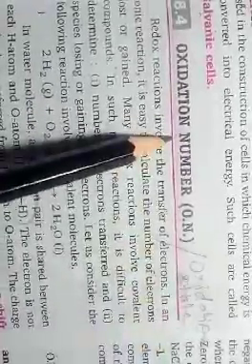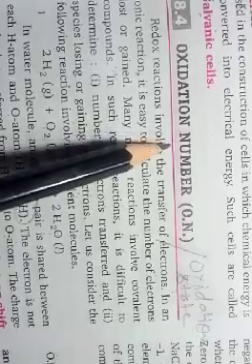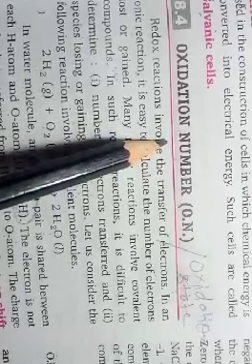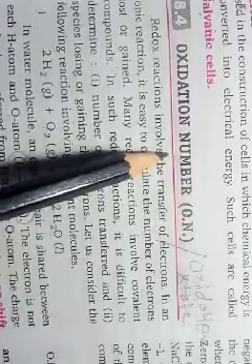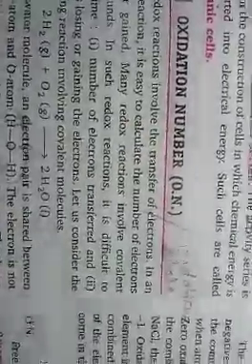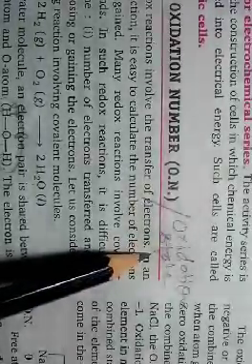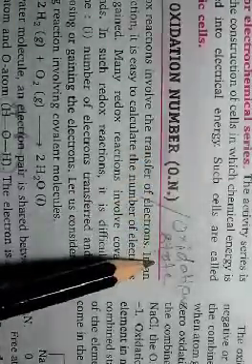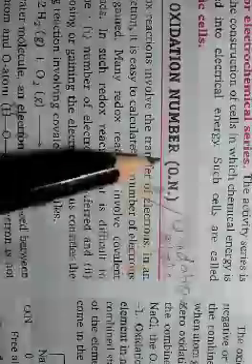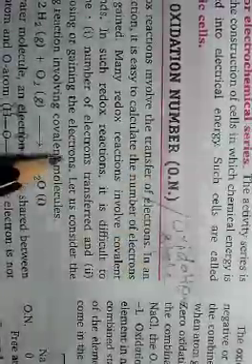So oxidation numbers are the numbers with the help of which we show how many electrons are transferred, gained or lost, and the state formed after the gain or loss of electrons is known as oxidation state. So these two terms are actually different but are used for the same purpose.